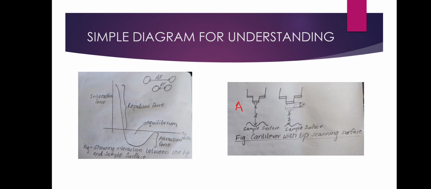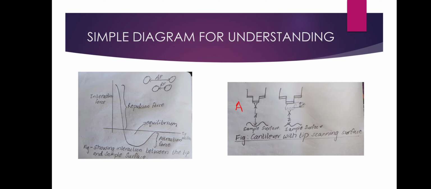So now the attraction force between them gets converted into repulsive force. So we get to see a bending of the cantilever, or the cantilever gets pushed to a different position.